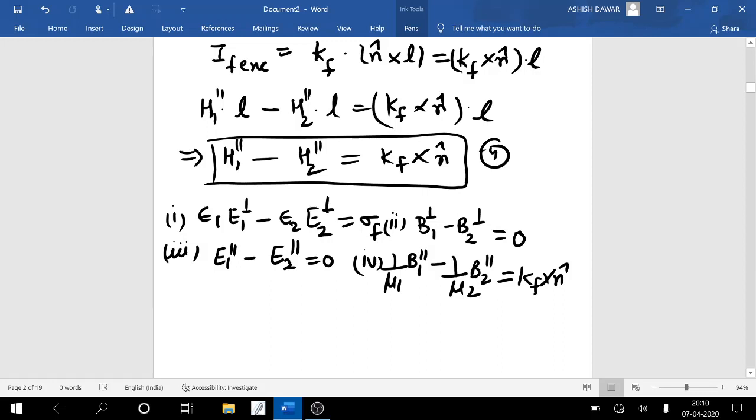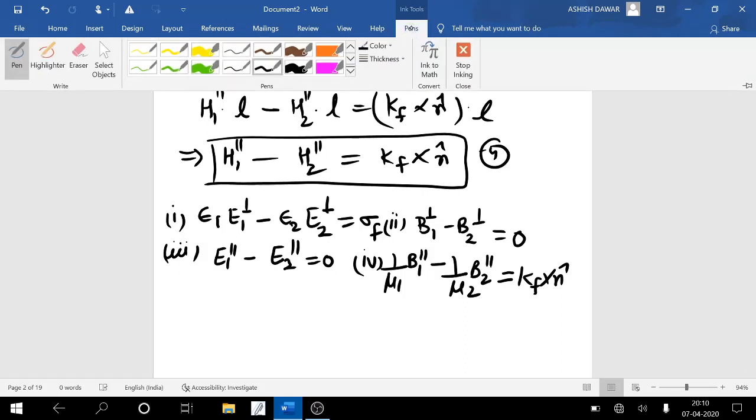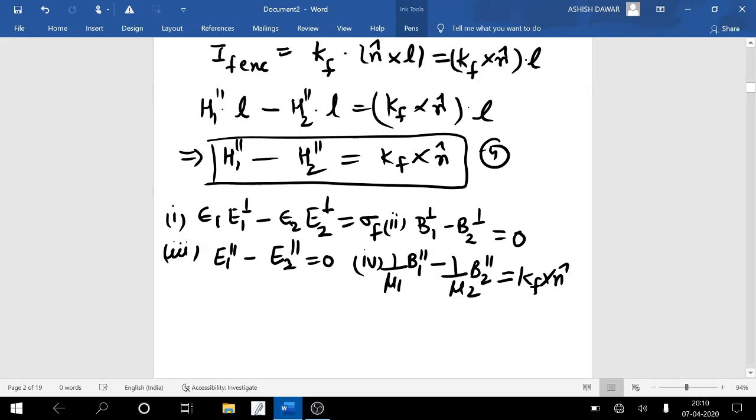So in particular, if there is no free charge or free current at the interface, then these equations become: epsilon 1 E1 perpendicular minus epsilon 2 E2 perpendicular equals 0. B1 perpendicular minus B2 perpendicular equals 0. E1 parallel minus E2 parallel equals 0, and fourth one, 1 upon mu1 B1 parallel minus 1 upon mu2 B2 parallel equals 0.